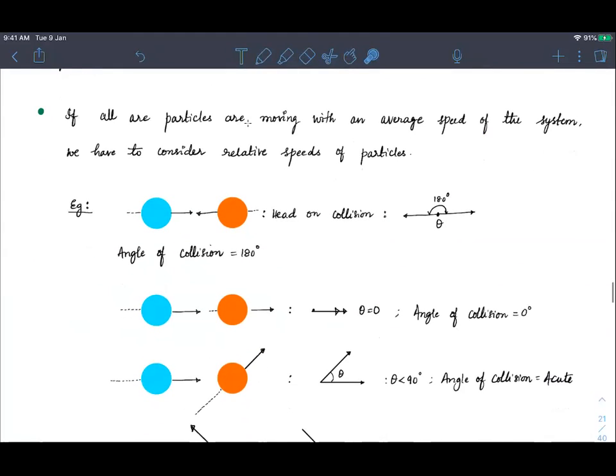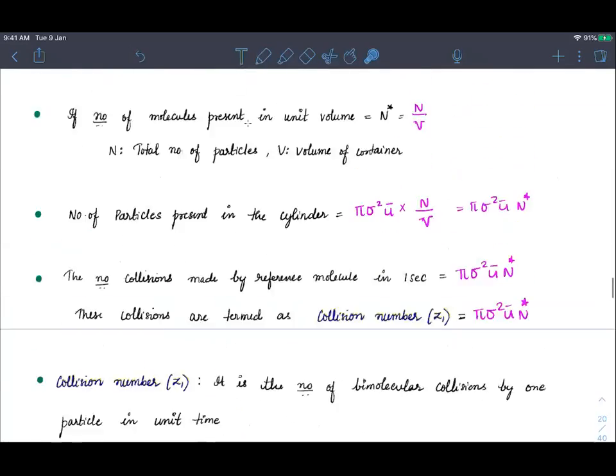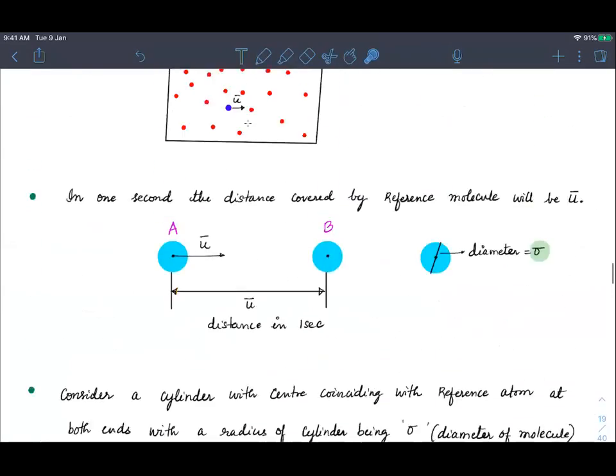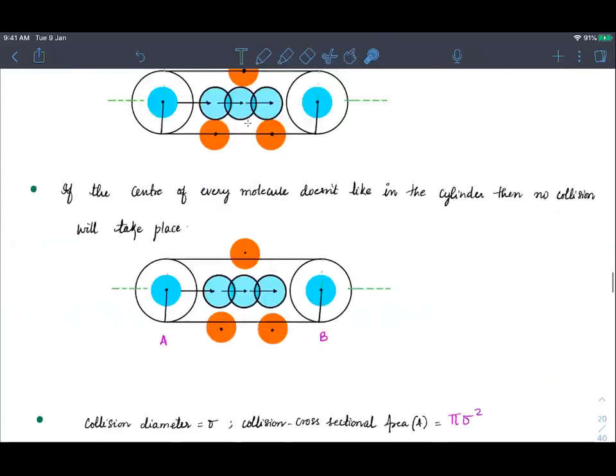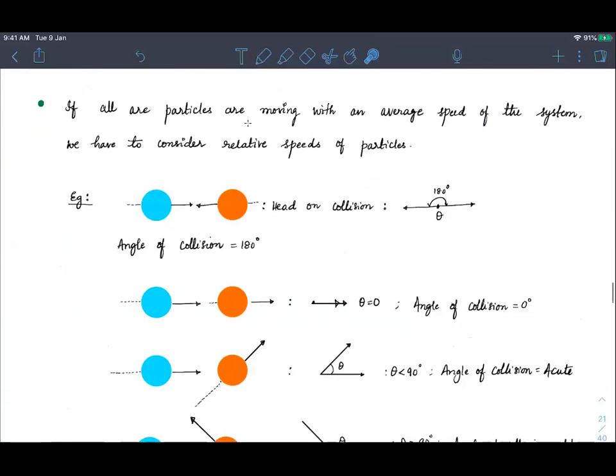Now check. Suppose here the assumption in the first case was that only this particle is moving and everything else is stationary. What if all particles are moving? If all particles are moving, imagine what kinds of collisions can happen. This is a reference particle. This is a general gas particle.